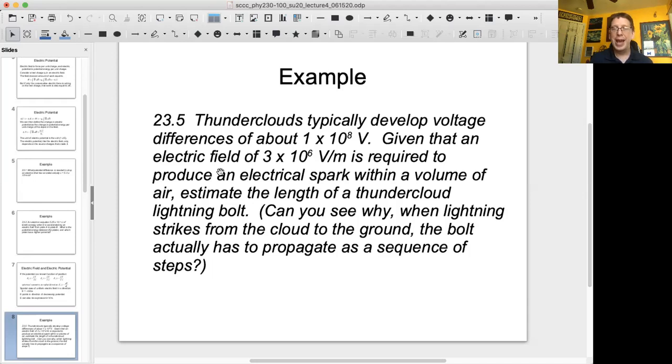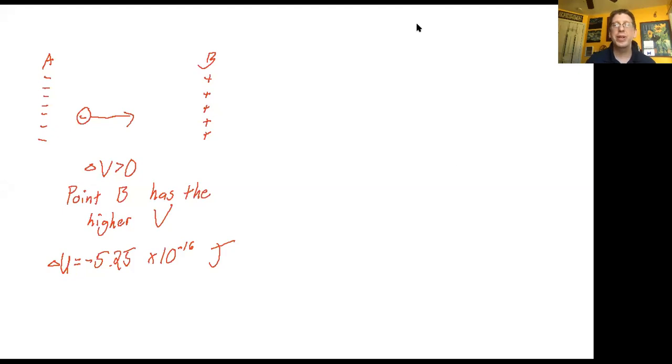And then can you see why, when lightning strikes from the cloud to the ground, the bolt actually has to propagate as a sequence of steps? So let's draw this out. We will clear this.